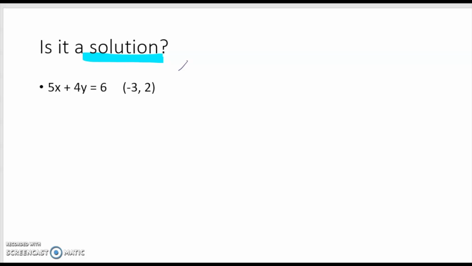So what it's asking is, if you plugged that in, is it true? Does it make the equation work? Now, most equations only have one point that makes it work. And that point is where the line crosses a specific location. So we'll learn about that.